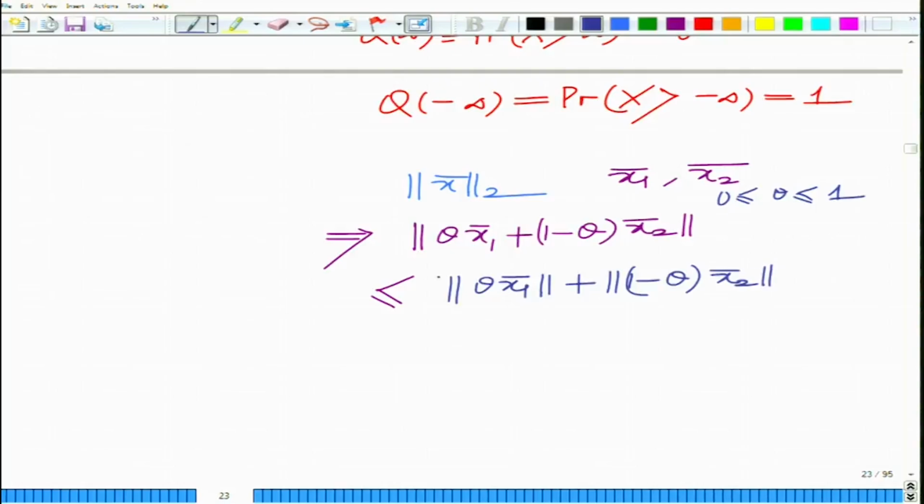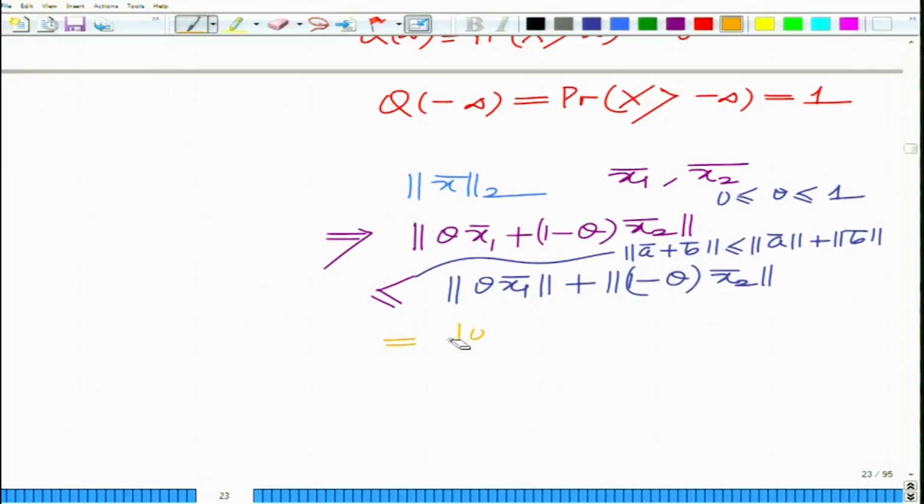We are using the property here that norm of a bar plus b bar is less than or equal to norm a bar plus norm b bar. Now, theta and 1 minus theta are greater than or equal to 0, because 0 is less than or equal to theta less than or equal to 1.